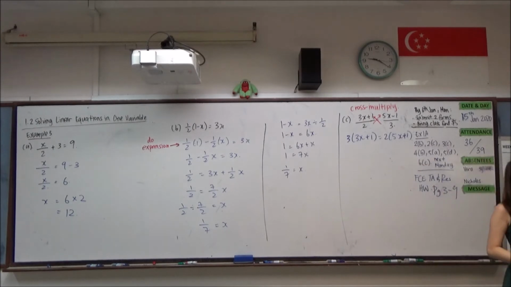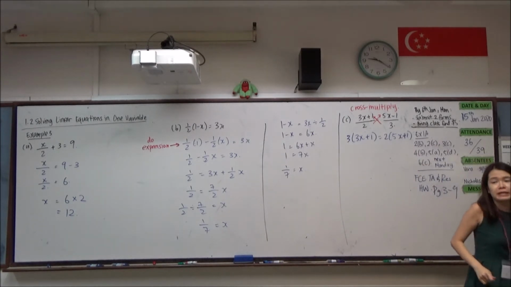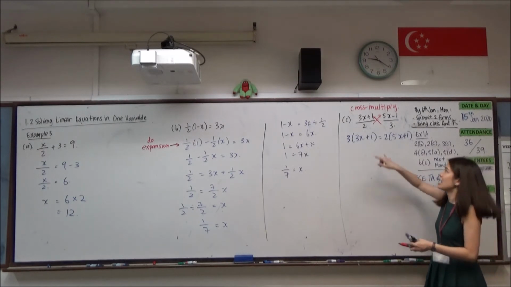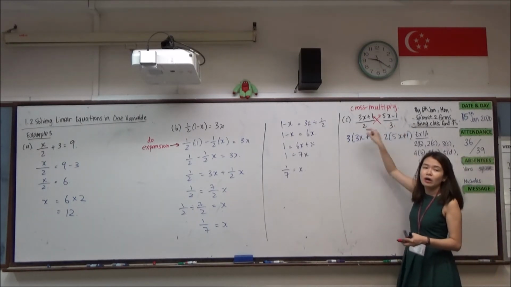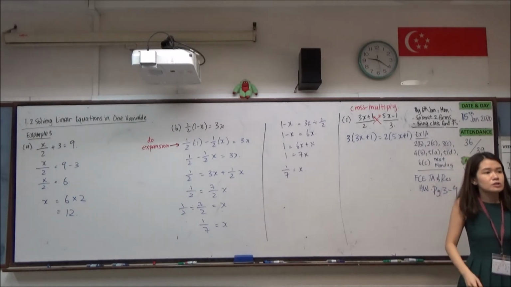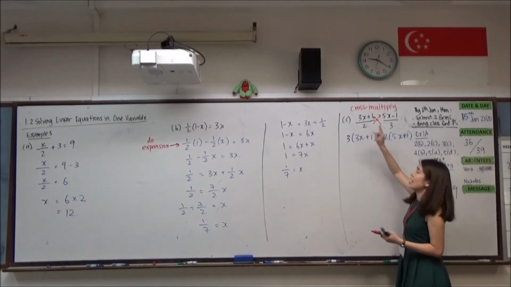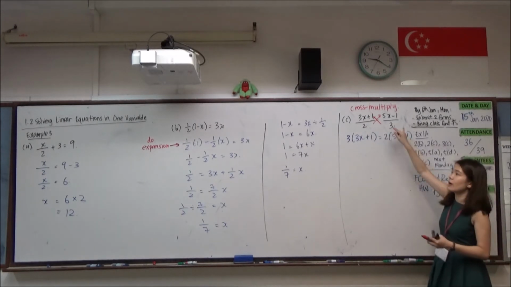But there are certain fixed conditions in doing cross multiplication. I cannot do cross multiplication when there are more than one fraction on each side of the equal sign. So there must only be one single fraction on the left and also one single fraction on the right.